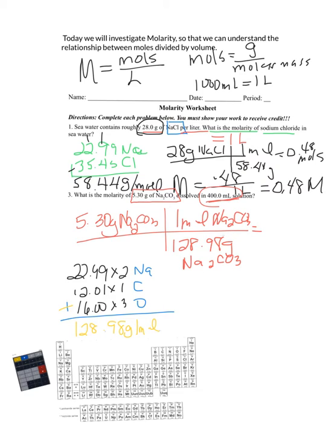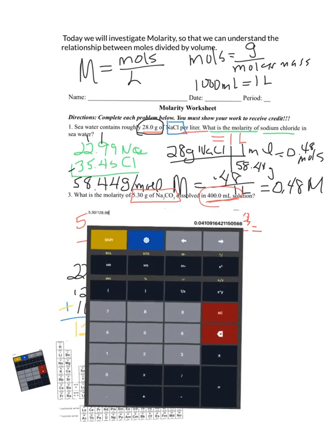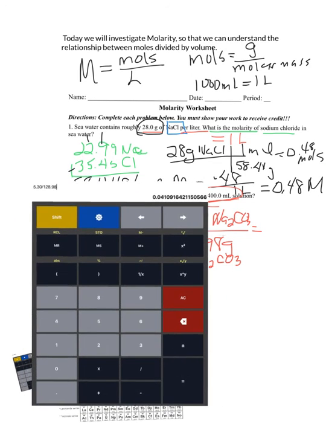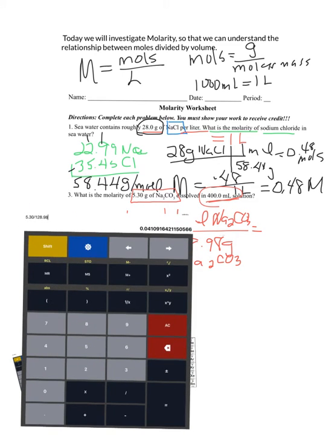So the way you would do it in your calculator is you would put 5.3 divided by 128.98. When I take that problem, 5.30 divided by 128.98, my answer ends up being 0.04109 and so on. We just need to round to the nearest hundredth.